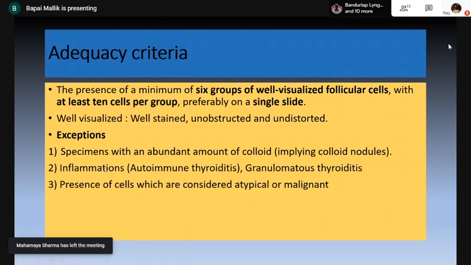If there is inflammation as a result of autoimmune thyroiditis or granulomatous thyroiditis, it can be complete sheets of inflammatory cells, and when you take into consideration the ultrasound findings or other findings of the lesion, you need not have so many cells and you can still call them benign. And of course, if you have an aspirate with a few cells, but those cells are definitely atypical or malignant, then just like in any other system of cytology, the sample becomes adequate.